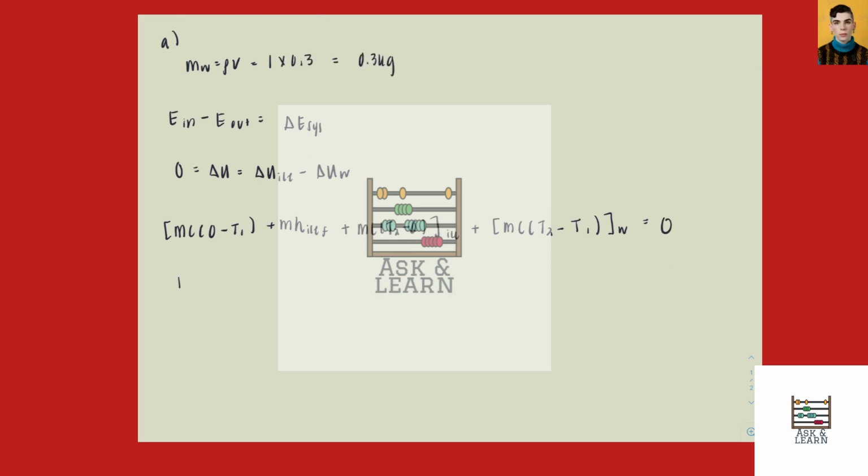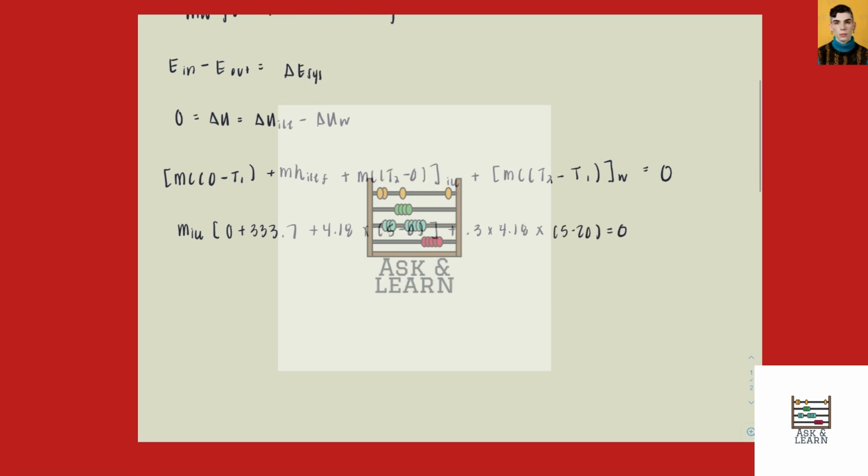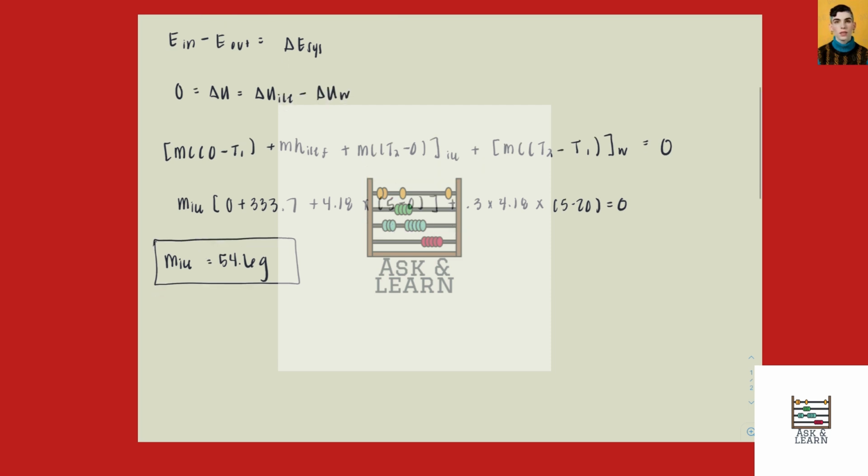Just solving, plugging in. So then we find that the mass of the ice is 54.6 grams. And that answer was initially in kilograms, but I just converted it to grams.